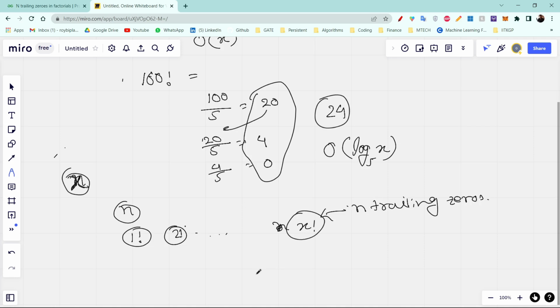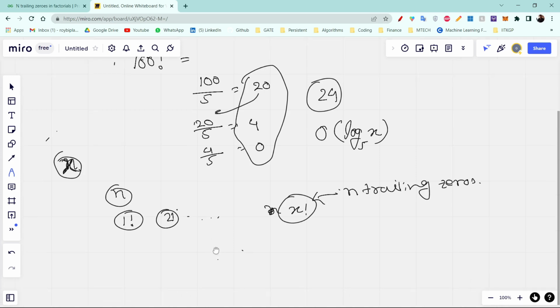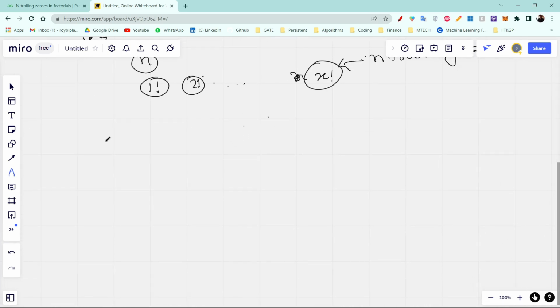So at first, let's look at some examples. From 1 factorial to 4 factorial, the number of zeros is 0. 5 factorial to 9 factorial, it has 1 zero at the end. 10 factorial, when you multiply 10 with 9 factorial, will give you 1 more zero, and it will continue until 14.